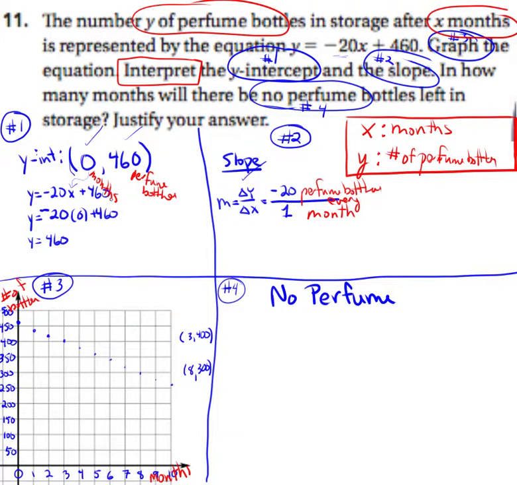So 0 months, there were 460 perfume bottles. Wait a minute. In street talk, we don't say 0 months. We say, at the start, which is, for math, we want to put 0 months. So I put that in parentheses to help me remember that the start is 0 months.